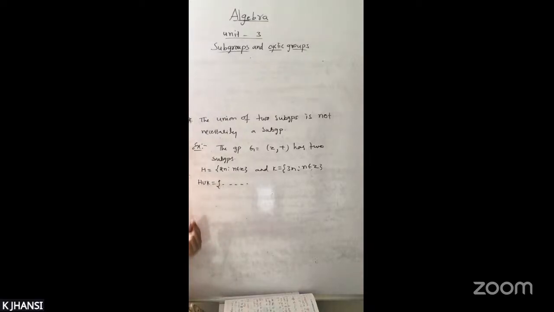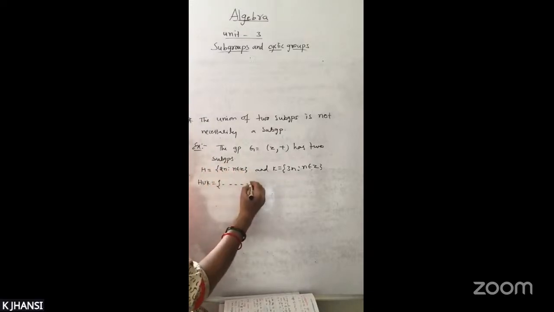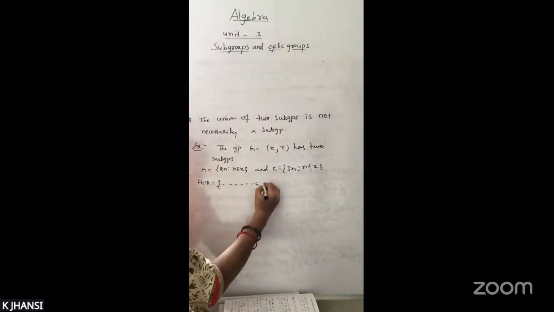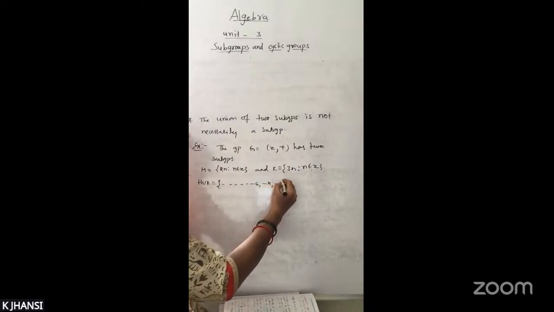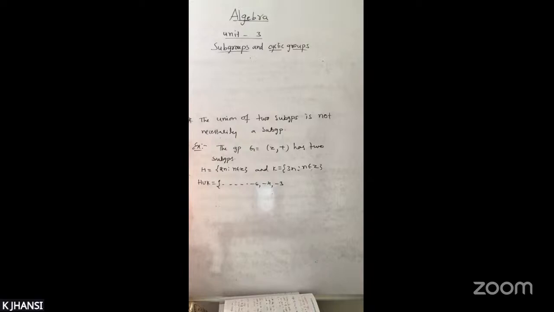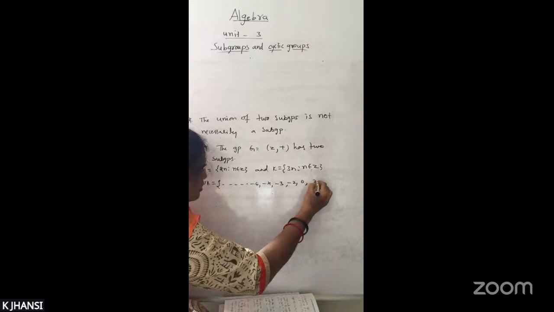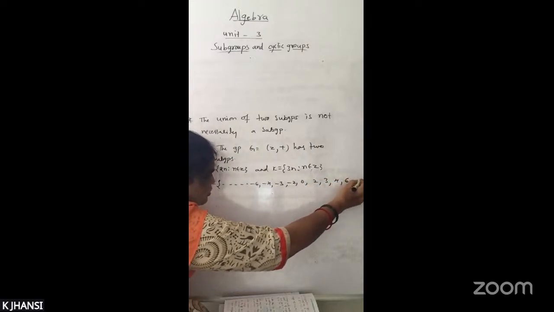If you multiply with n equals 0, n equals 1, n equals 2, n equals 3, n equals 4, and so on, taking positive terms and also negative terms. When n equals minus 3, you will get minus 6. Next minus 4, then minus 3, minus 2, 0, 2, 3, 4, 6, and so on.